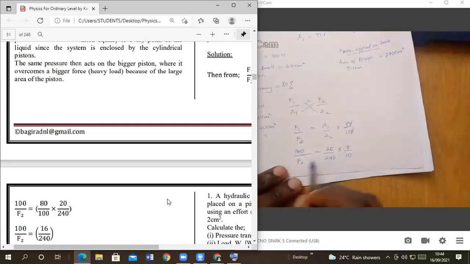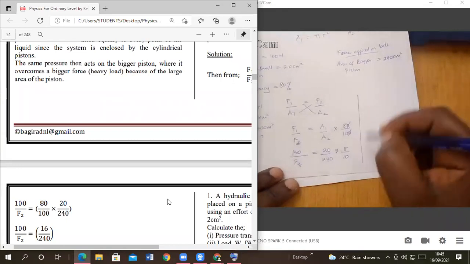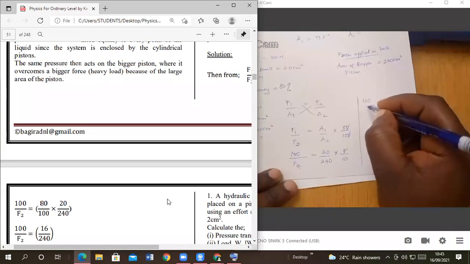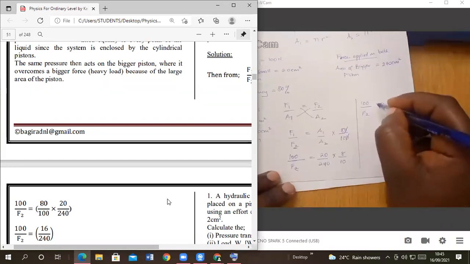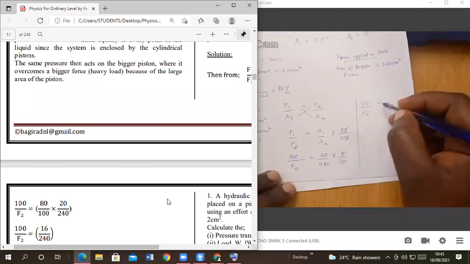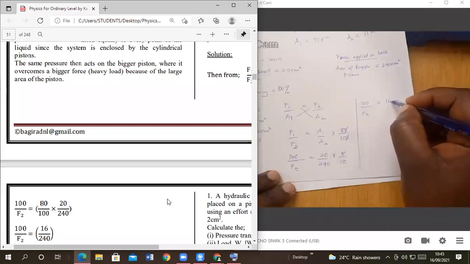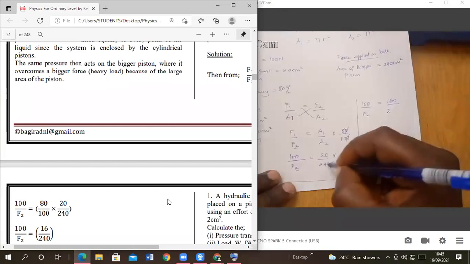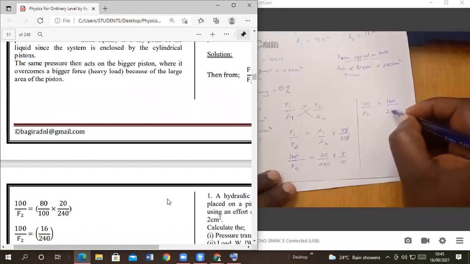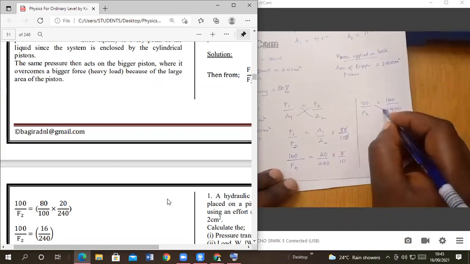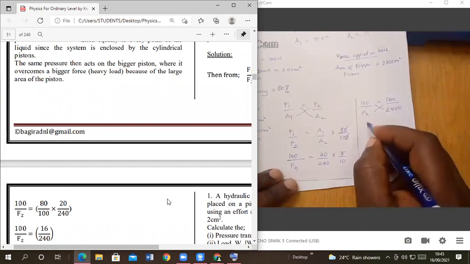So we can say that 100 out of F2 is equal to, if you multiply 20 times 8, you get 160 out of 240 times 10, you get 2,400.